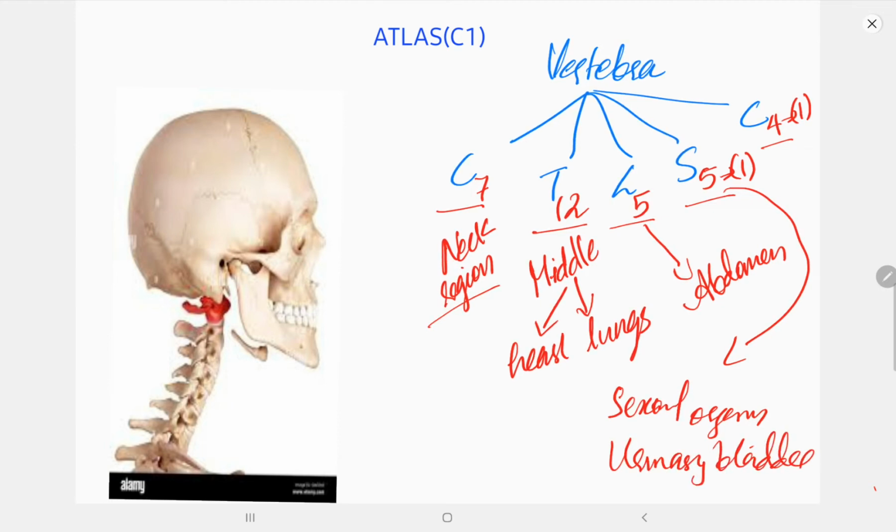These organs are supported by sacrum posteriorly, and the coccygeal is also known as tailbone, which is the last vertebra. So in the image here, we can see the overall idea of cervical vertebra I have shown here.